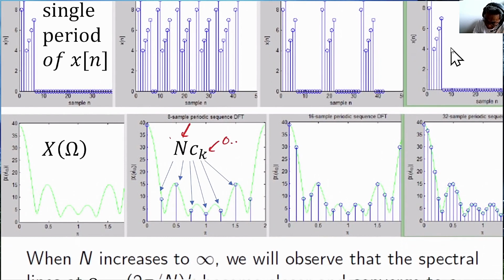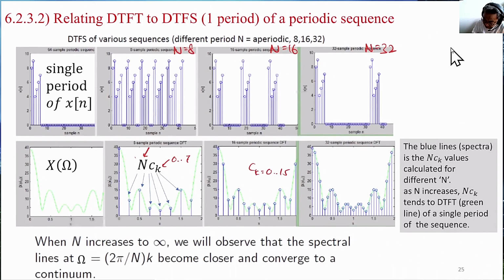What is the difference? You realize that only N is changing, and of course k is changing. Here k is from 0 to 7, here c_k is from 0 to 15, and here c_k equals 0 to 31. But what is actually being changed is the lines that we are evaluating at different frequencies.